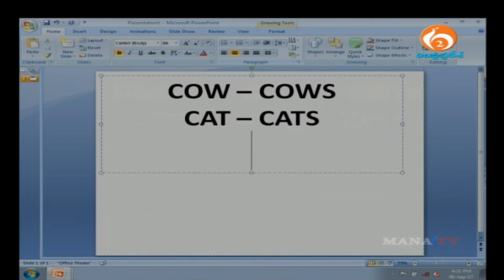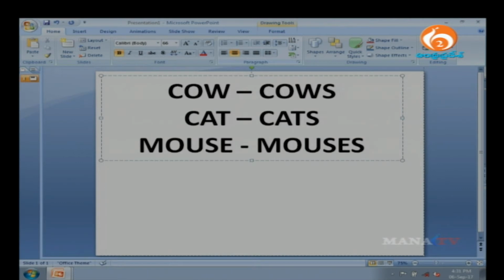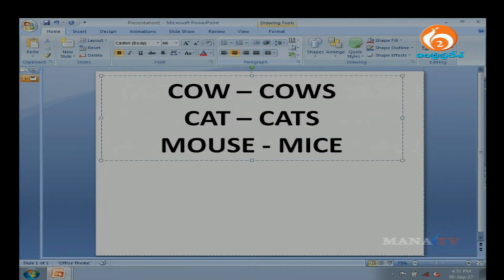I just add an S, that becomes plural. But if I have a word mouse, I cannot say mouses, that is wrong. I need to say mice, alright.